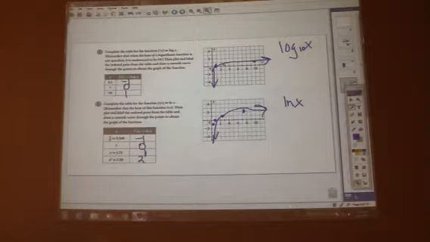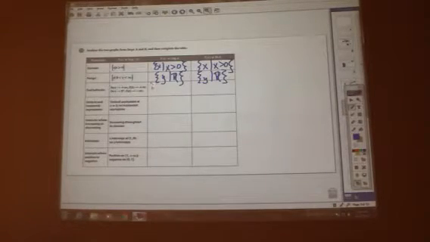As x approaches 0, getting closer and closer to this line right here, what is y doing? Approaching negative infinity. So that's the same. What about the natural log? As x approaches positive infinity, y is approaching positive infinity. And as x approaches 0, y is approaching negative infinity. So these would be the same.